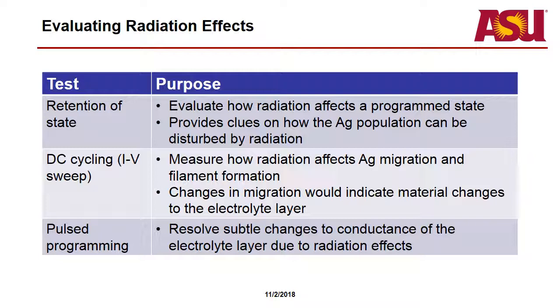You're giving the ions plenty of time to reach the filament. With pulse programming, if the ions cannot get to the filament to help form it within a certain period of time, you're going to fail to form it, and you'll be able to capture that kind of effect using pulse programming.